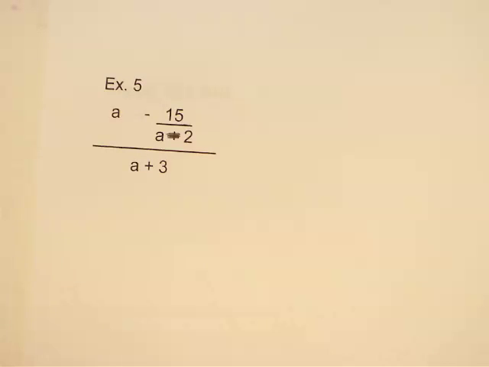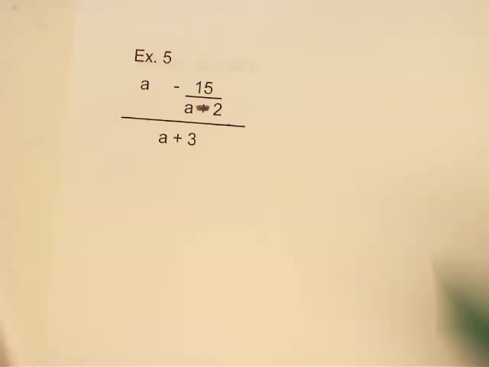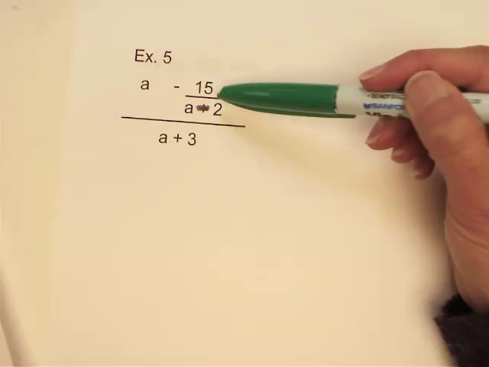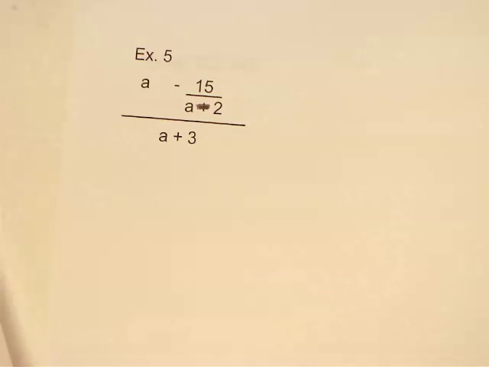What if you have something that looks like this, where we have a mixed expression in a fraction here? Well, it's not going to be too different. All we need to do is simplify our mixed expression first before we go ahead and continue to divide. Okay? So let's take a look at how that works.